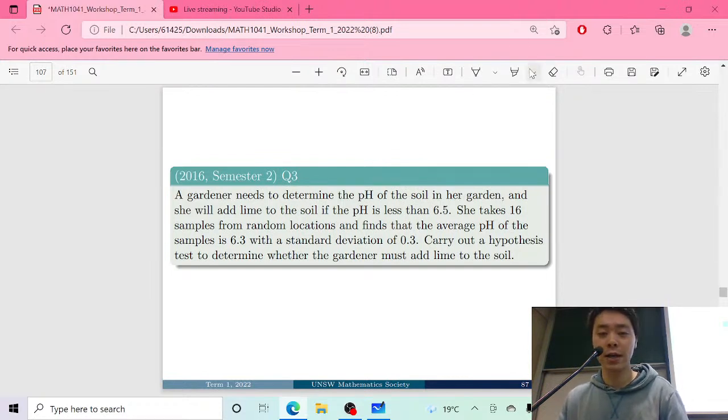So we have that a gardener needs to determine the pH of the soil in her garden, and she will add lime to the soil if the pH is less than 6.5. So remember that she will add lime to the soil if the pH is less than 6.5. That's something to keep in mind. She takes 16 samples. So these are samples, right?